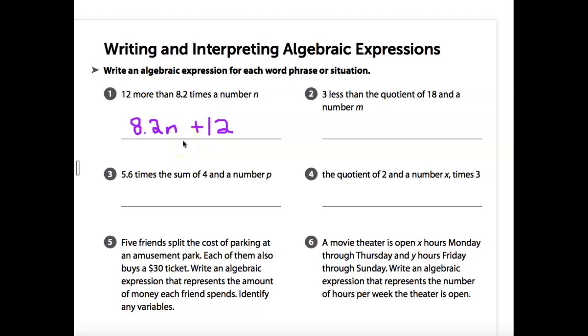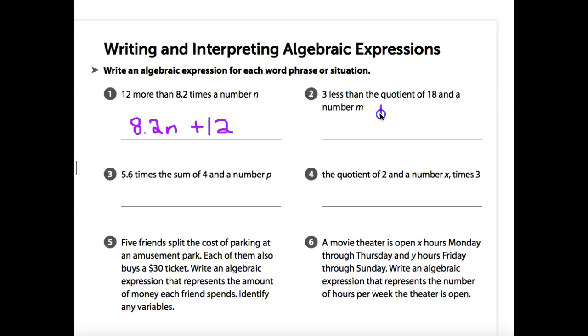Okay? All right, so let's look at number 2. 3 less than the quotient of 18 and a number m. Again, 3 less than is going to come after the quotient of 18 and number m. Quotient we know is division.